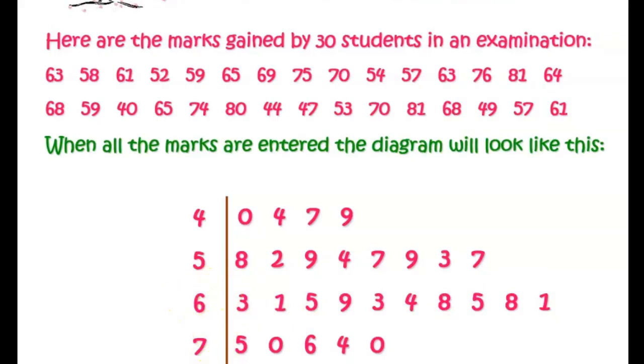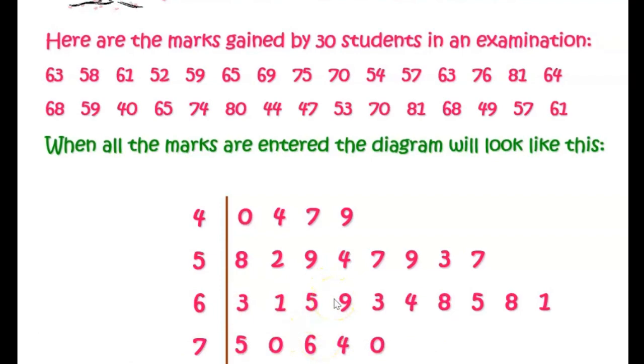Then let's look at the stem of 8. I'm going to look at all the numbers in the 80s. Here I have 80, I have 81, and I have another 81. So I'm going to write it this way. But I am not going to leave it this way, because if I do, I will get into trouble if I want to calculate the median or range. The range will be easier, but with the median I will get into trouble.